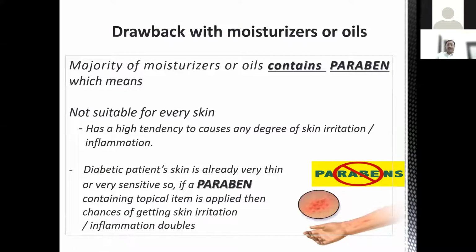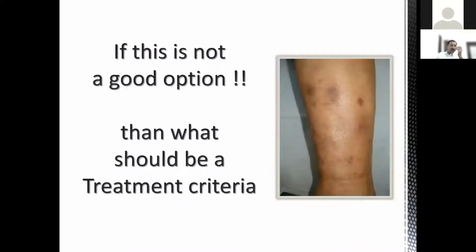It has a high tendency to cause skin irritation or inflammation because a diabetic patient's skin is already very thin and very sensitive. If a paraben-containing topical item is applied, then the chances of getting skin irritation or inflammation double. So rather than helping the patient, we are harming the patient in some form. So if that is not a good option, then what should be the treatment criteria?